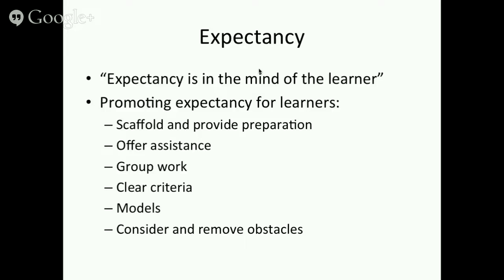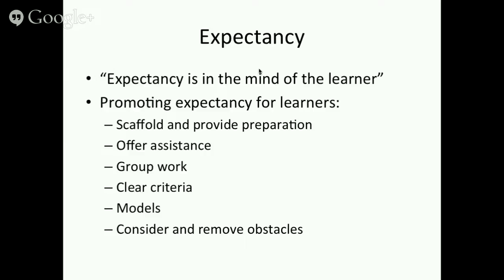So we talked about modeling already. We can have near peer models who show that they are successful. So it allows the student to see that they can be successful. And in a way, models can actually help, linking this to another theory, students to develop that sense of ideal self. Okay, so their ideal L2 self. If they can see somebody else being successful, they are going to have a stronger image of themselves being successful.